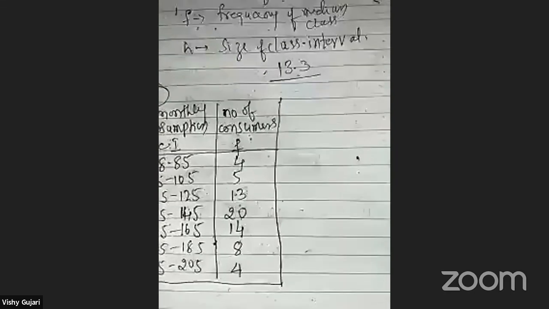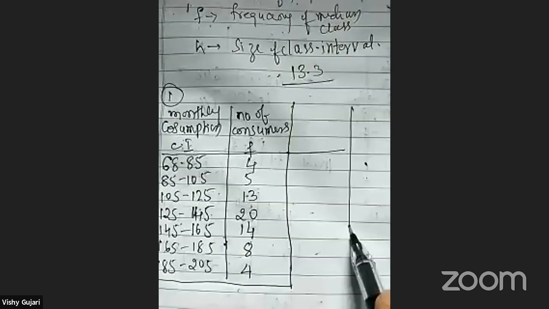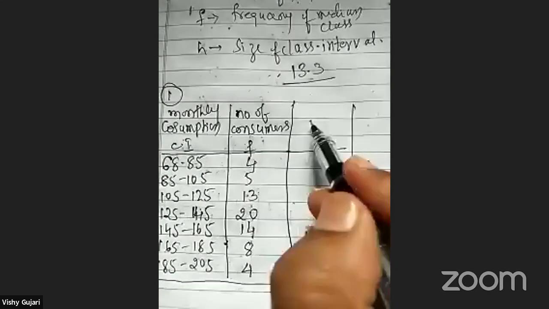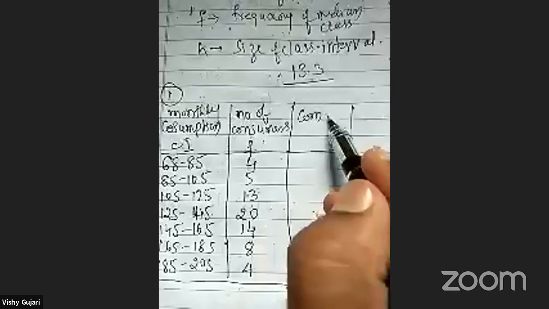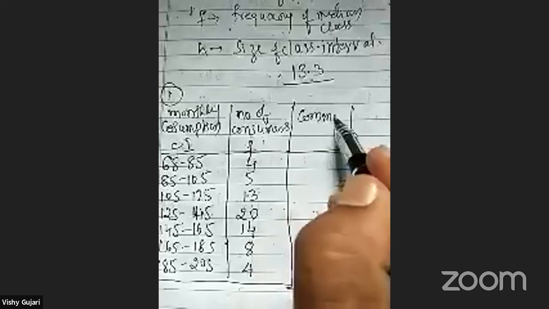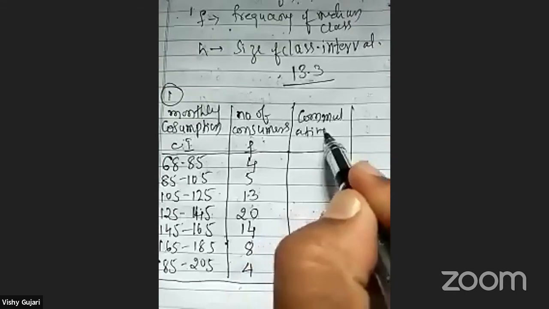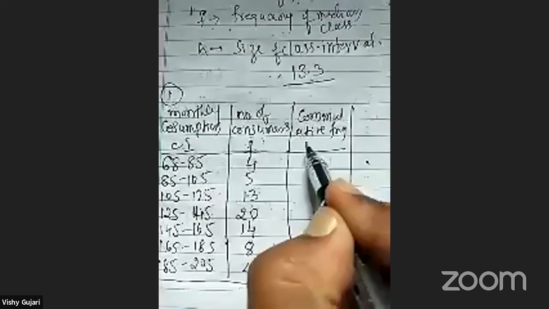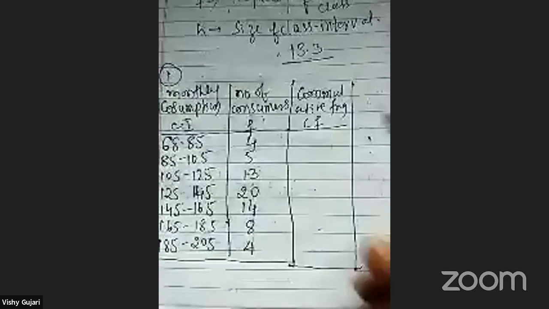Here you have to write one extra column, CF, cumulative frequency. It is very easy.